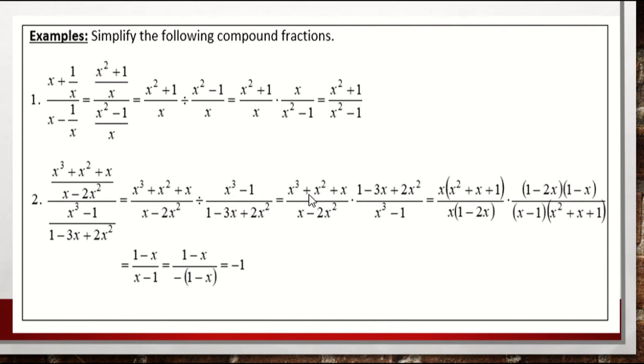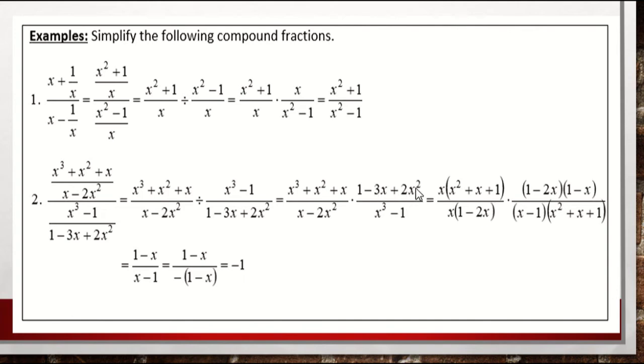Then, next, we can factor out the numerators and denominators. Here, the common factor in the three terms is x. What remains is x squared, x, and 1. So we factor out x. In our denominator, the common factor in the two terms is also x. So it can be factored out as 1 minus 2x.